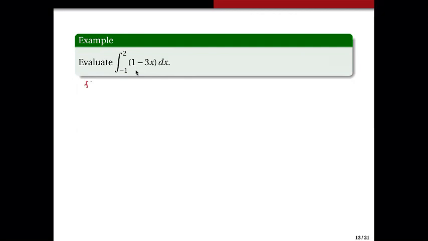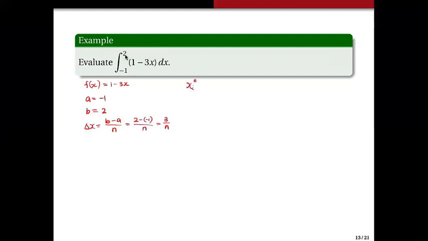Of course, our f of x is 1 minus 3x. A, the lower limit of integration, is -1. B, the higher limit of integration, is +2. Delta x will be b minus a over n. So this is 2 minus -1 over n, and this is equal to 3 over n.